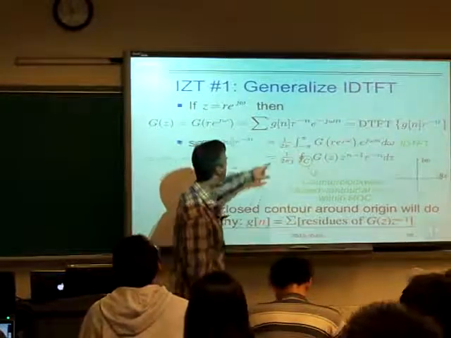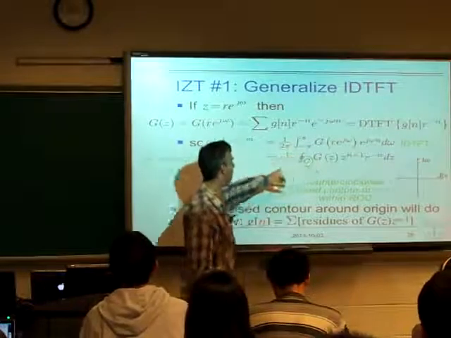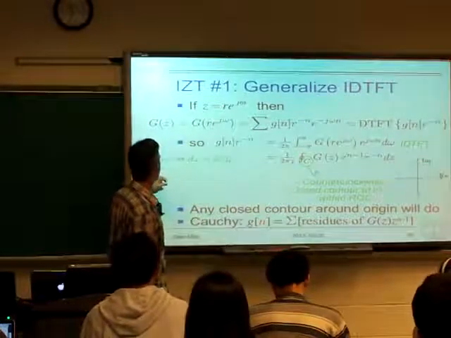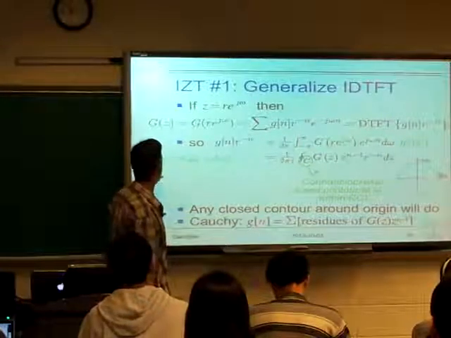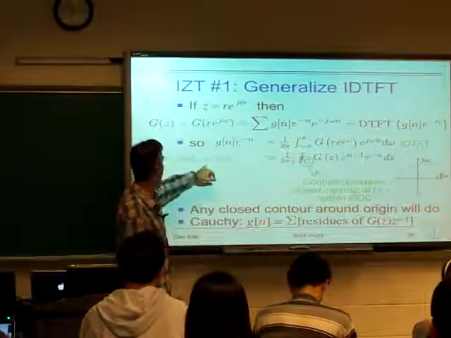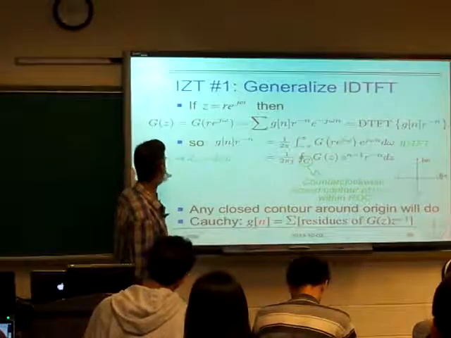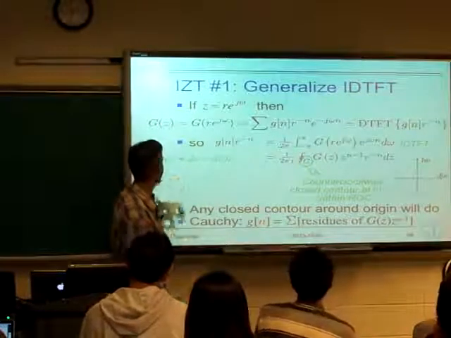Now, we've got this expression in terms of z. How can we substitute this back in? Well, we can do a change of integration variable. We can say, if z is equal to r e to the j omega, then d omega equals dz over jz. We differentiate, we take derivatives of both sides.